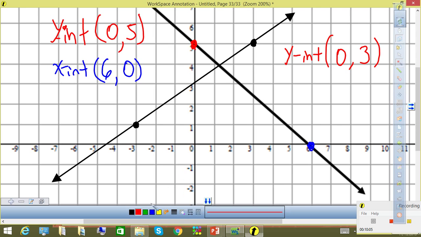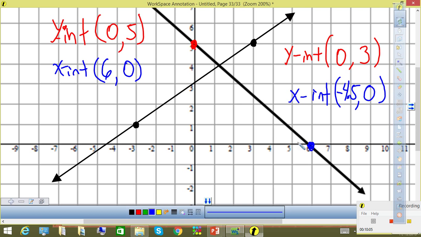With that said, what is our x-intercept? Pass it to someone, please. Chris V. -4.5 and 0. Hands if you got that. Pretty close.